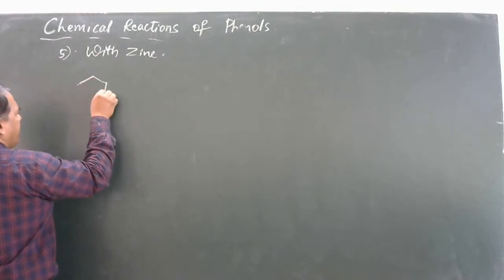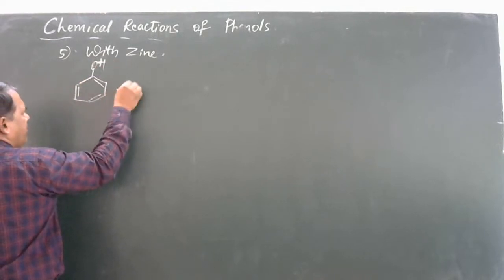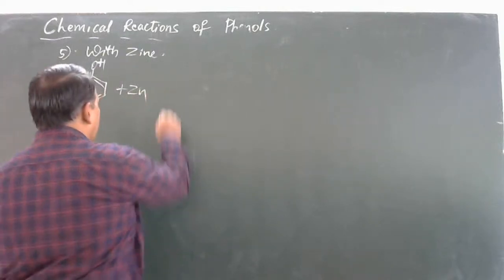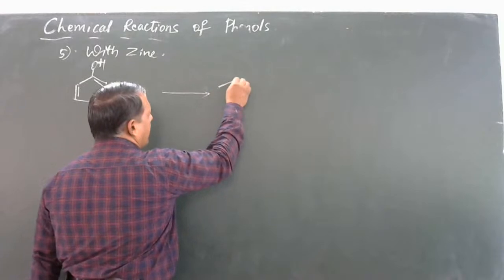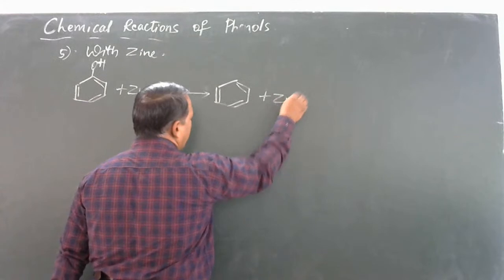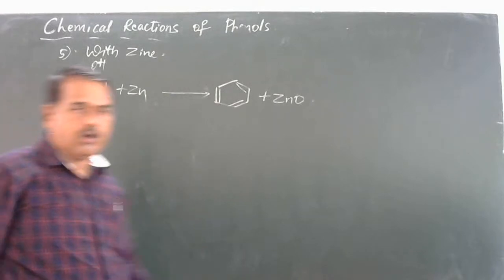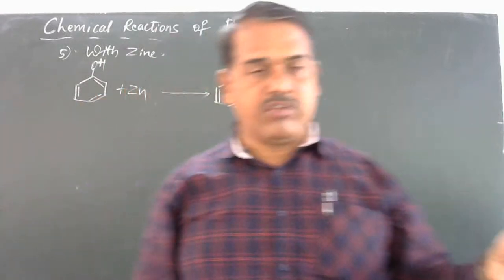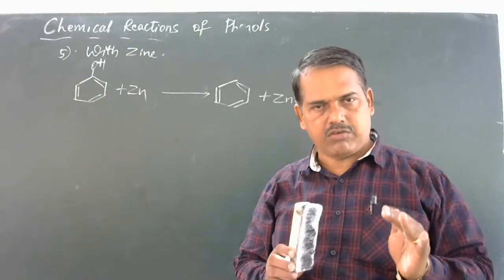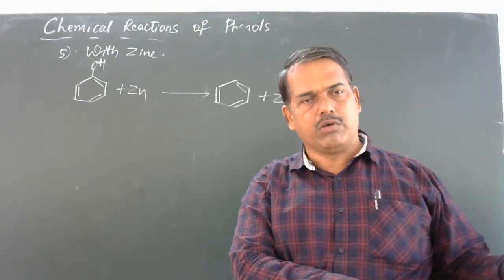When phenol is distilled with zinc, directly we will get benzene. So most important reaction, very simple reaction. You studied in first PU the preparation of benzene. When phenol is distilled with zinc dust, we will get benzene. See, the hydroxyl group is completely removed.